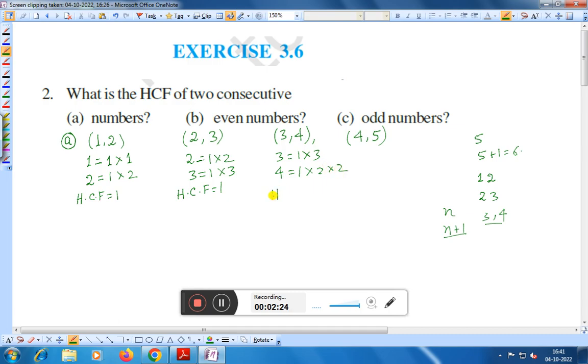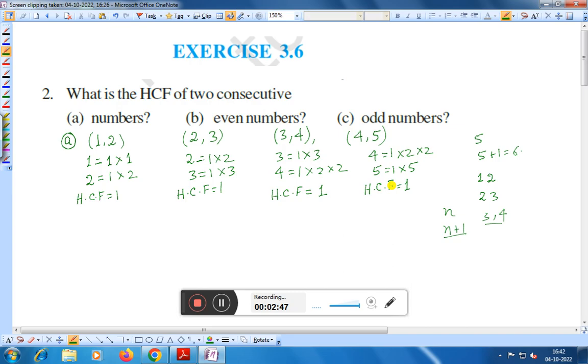Therefore, the HCF of two consecutive numbers in this case is only 1. Here also, 4 is equal to 1 into 2 into 2, and 5 can be written as 1 into 5. Therefore, the HCF in this case is also 1.